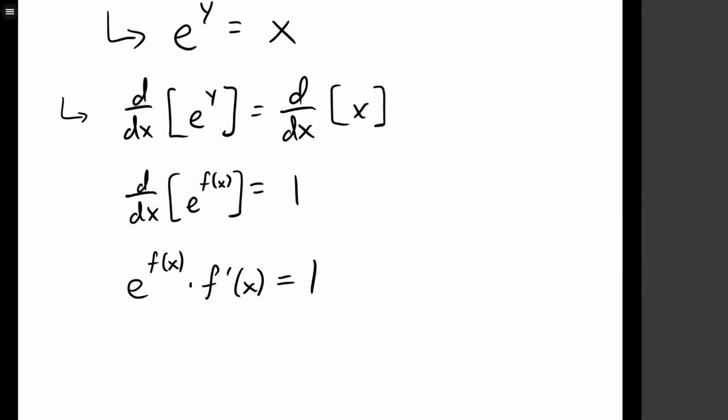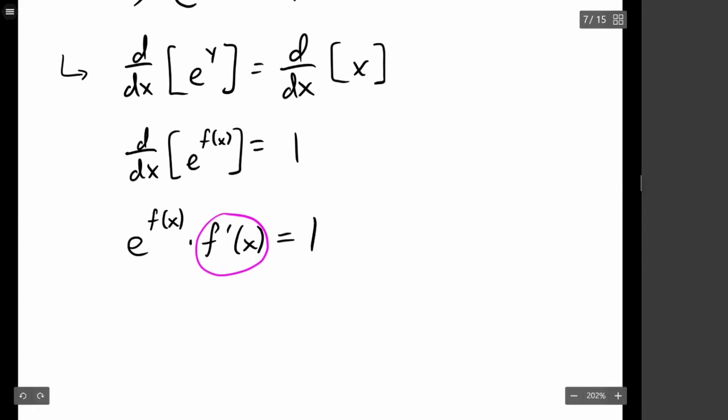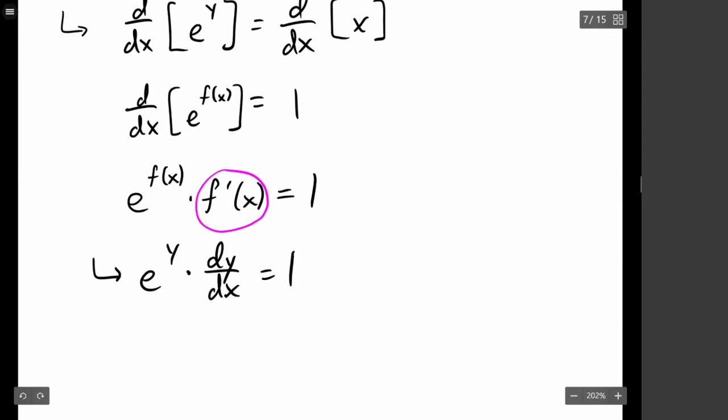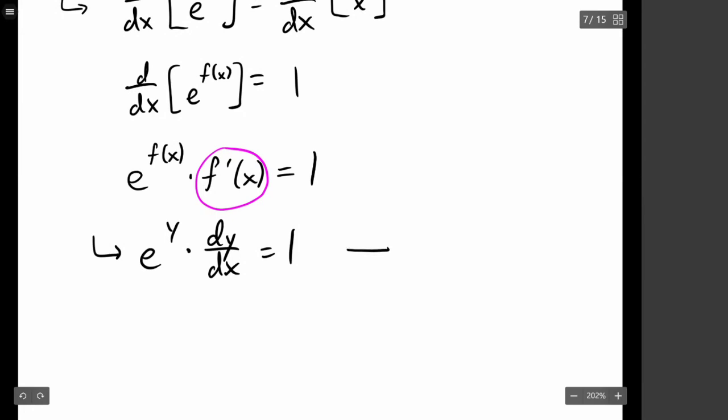Let's solve for this thing. Actually, I lied. Let's switch this back for y. This says e to the y times dy dx equals 1. Solve for dy dx, right? And this gives us dy dx equals 1 over e to the y.